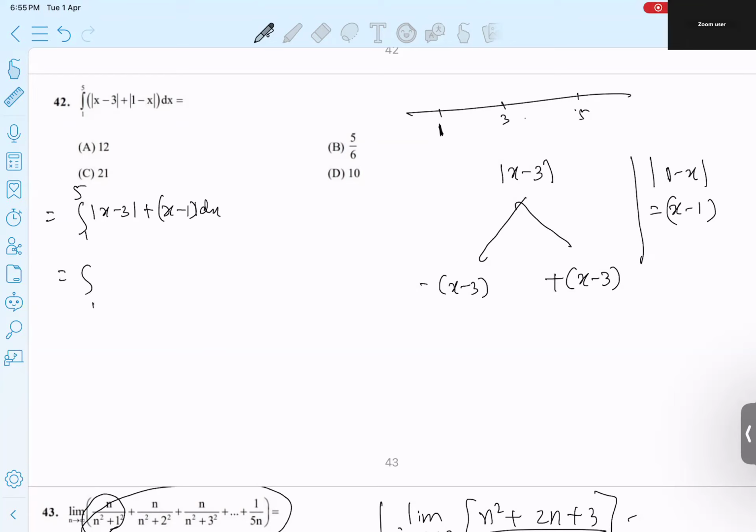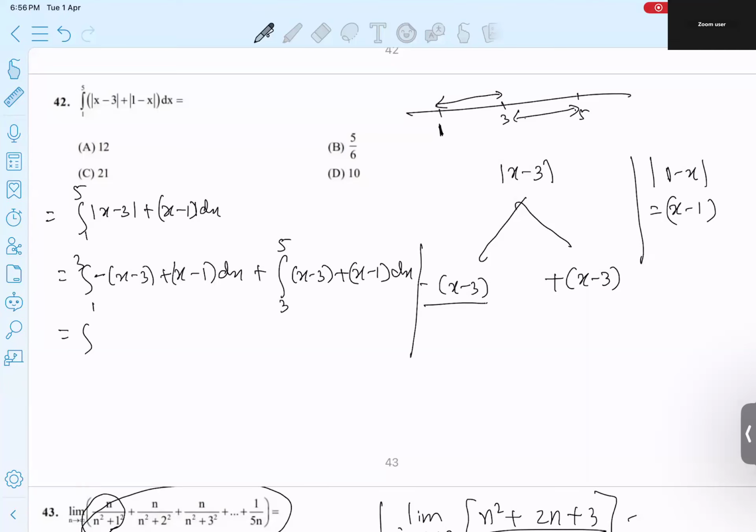From 1 to 3 as well as 3 to 5. From 1 to 3, it is minus of x minus 3 plus x minus 1 dx, plus from 3 to 5, it is plus x minus 3, and this x minus 1 does not change, dx.